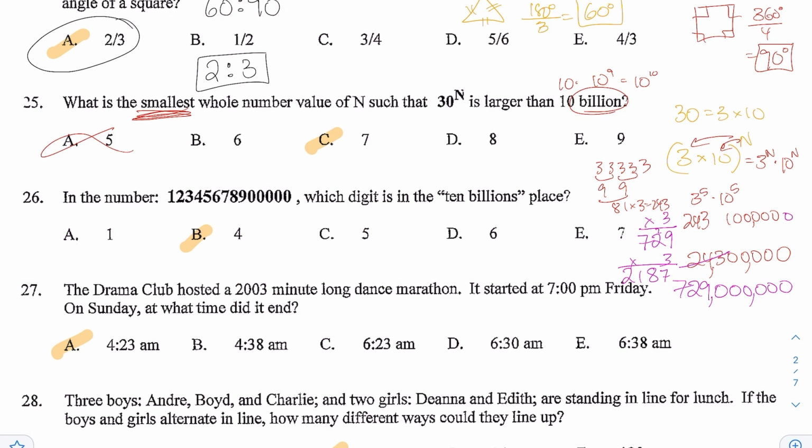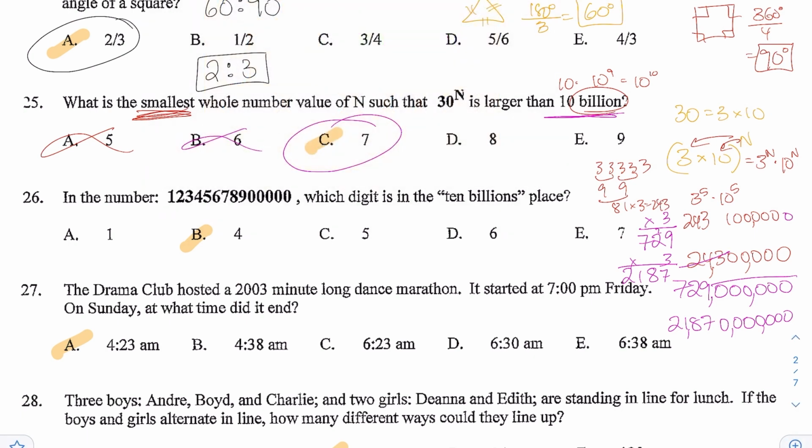You'll have 2187, and then followed by 7 zeros. Right, so that's going to be 21 billion. So of course that's greater than 10 billion. So the answer is going to be choice C.